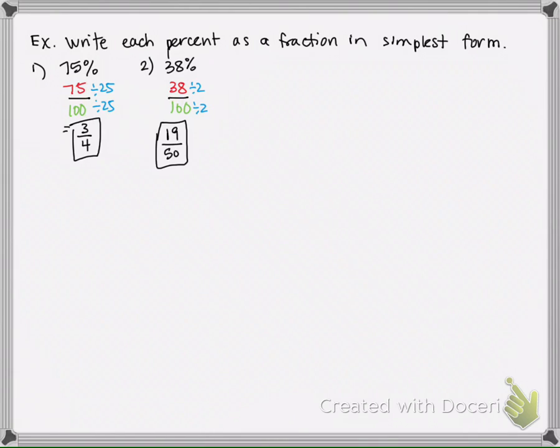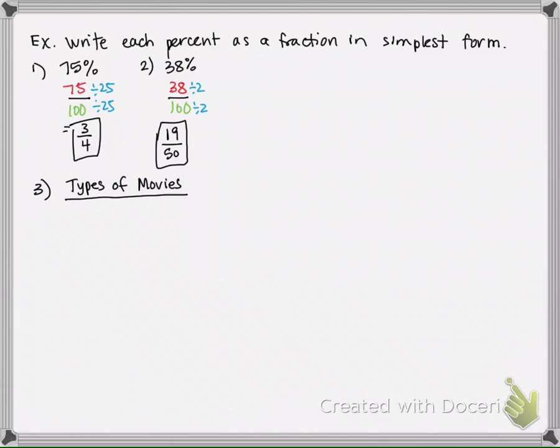All right. I'm going to give you a little bit of a word problem. We've got a kid who likes different types of movies. So we're going to create this table.